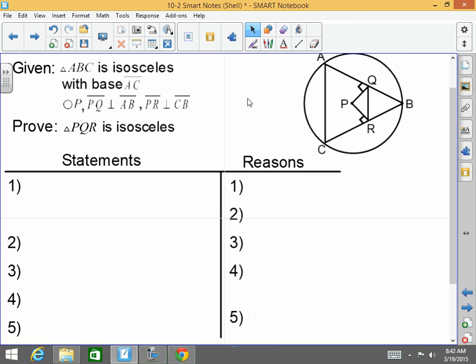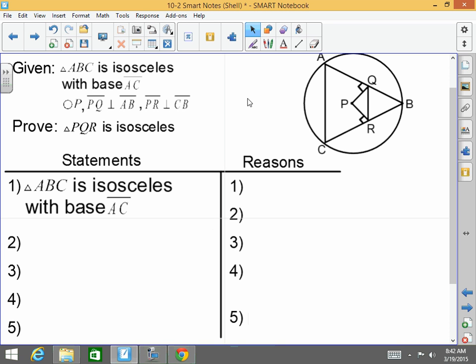Okay. So we have triangle ABC is isosceles with base AC. We have circle P. We know that PQ is perpendicular to AB and PR is perpendicular to CB. So we have a lot of really good information here.